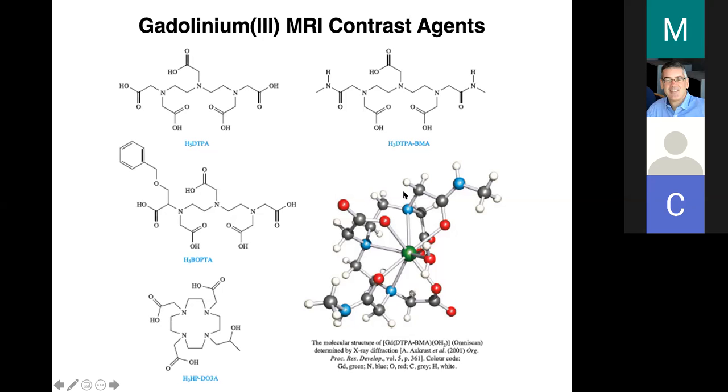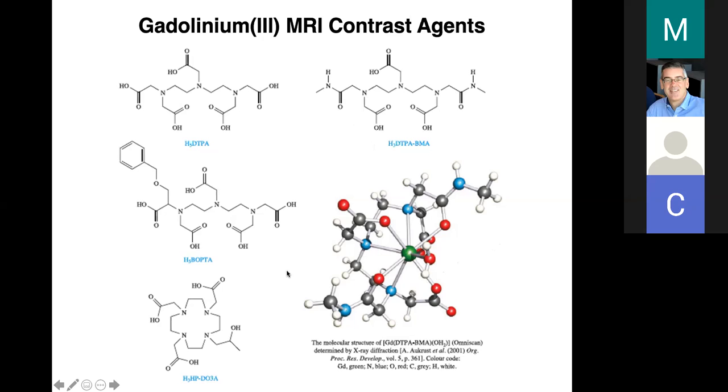And so you can see this DTPA BMA ligand here. You can see how it wraps around a gadolinium 3+ center and takes up all but one of the coordination sites. And so here to the right, you can see a coordinated water.